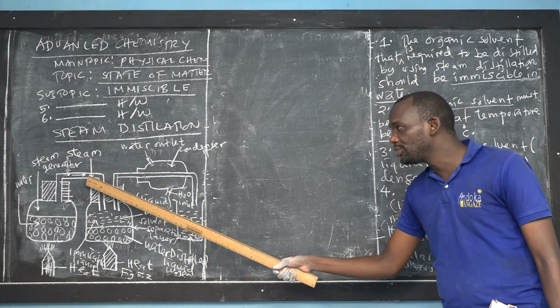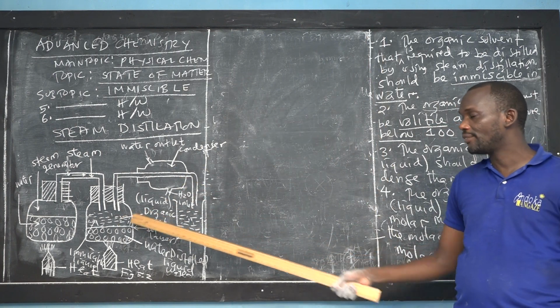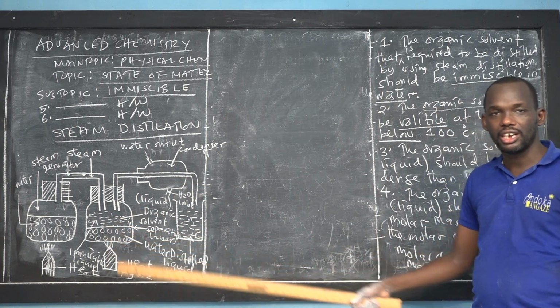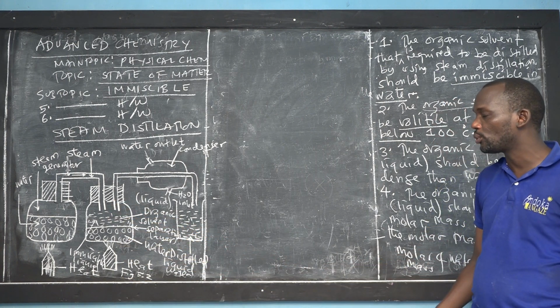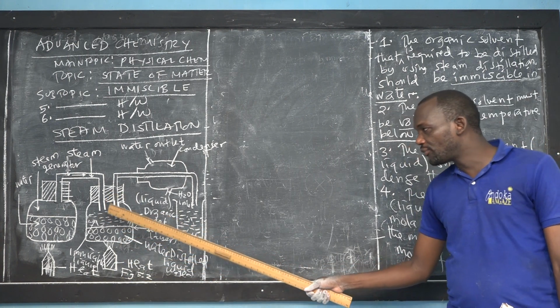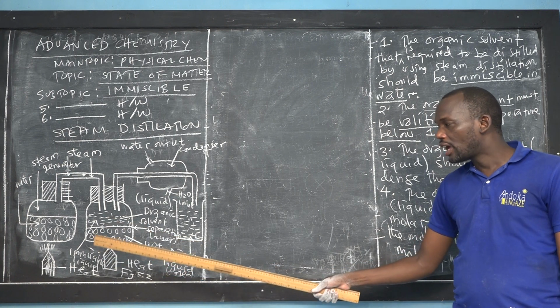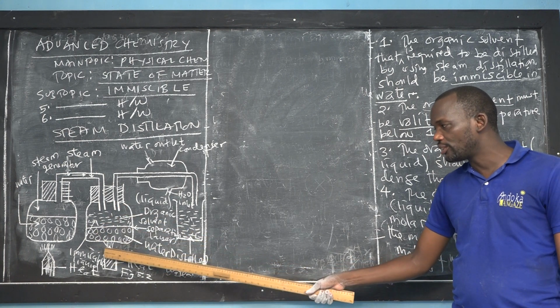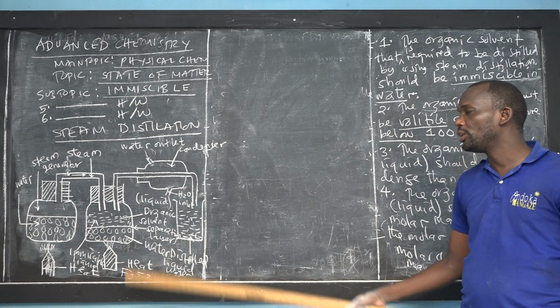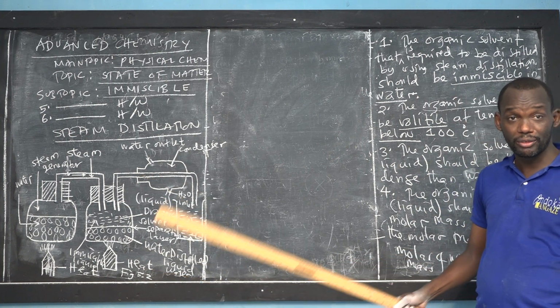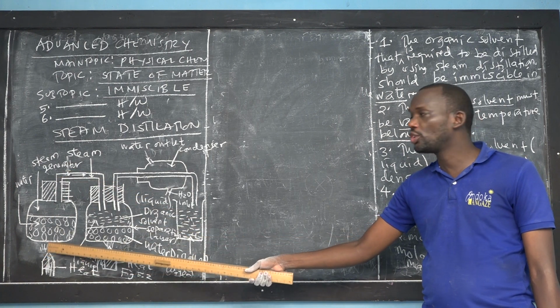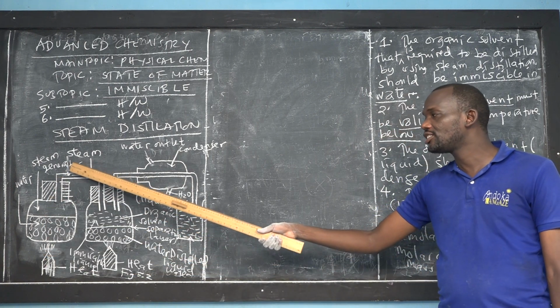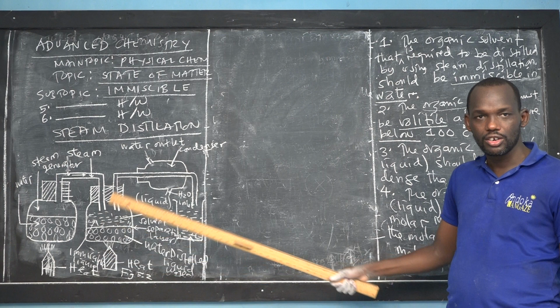Because the steam is at 100 degrees centigrade and above, when the heating takes place, the organic solvent at the top of the separating layer will be boiled and form vapor. That vapor won't go back, because the steam is flowing into this conical flask continuously.